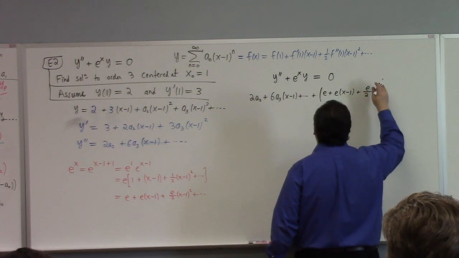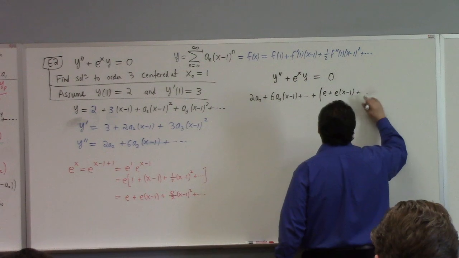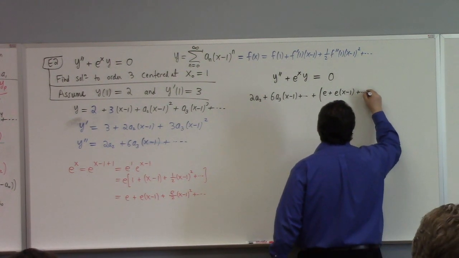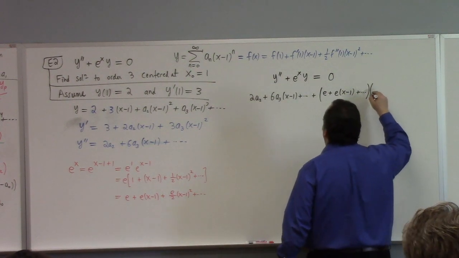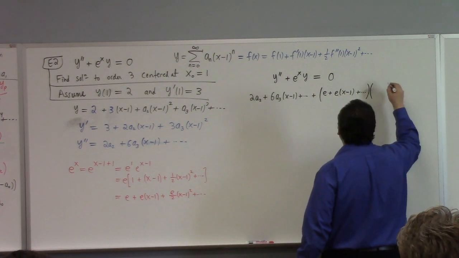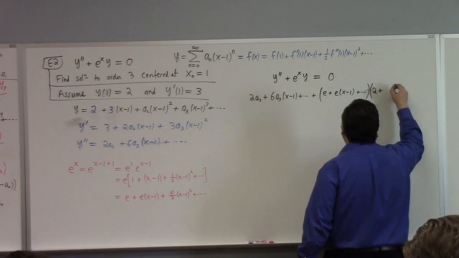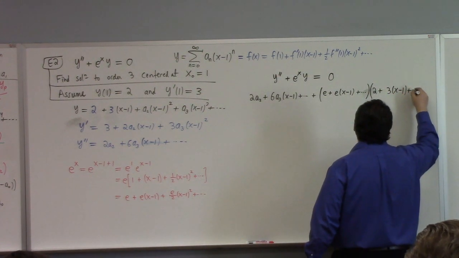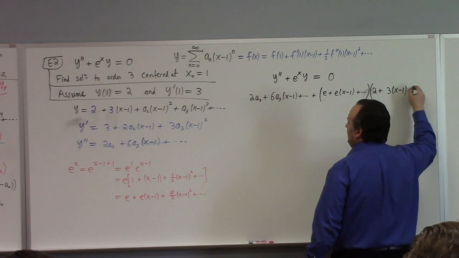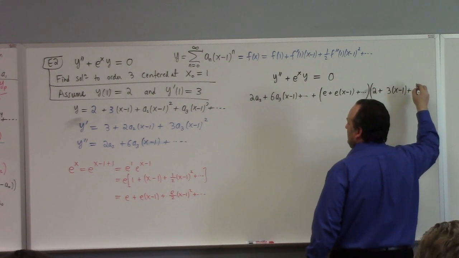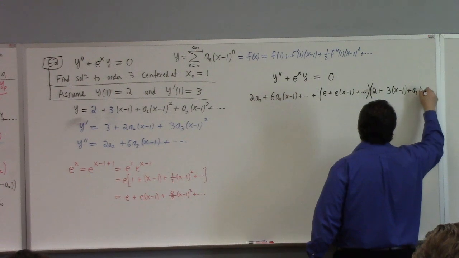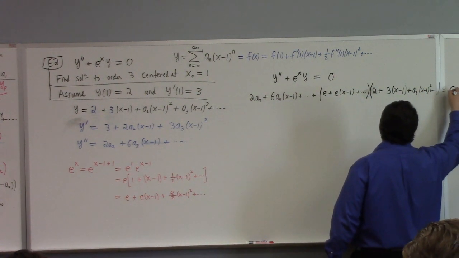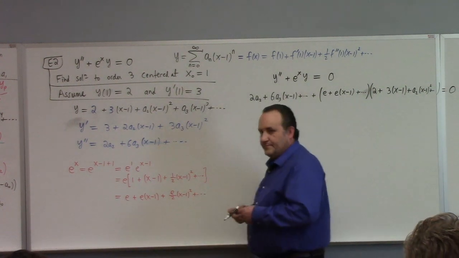But I think I can skip that. I'm going to skip the third term because I don't think I'm going to get that far. So I'll just keep the first two terms. And then my y was 2 plus 3 times x minus 1 plus stuff. I guess I should maybe include the next term. What's the next term? a2 x minus 1 squared. All of that's equal to 0, right?